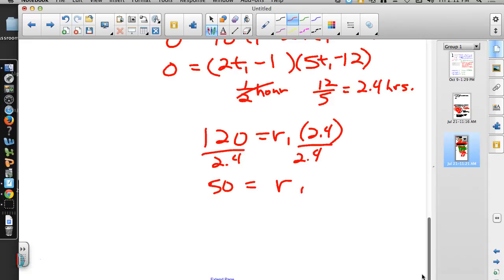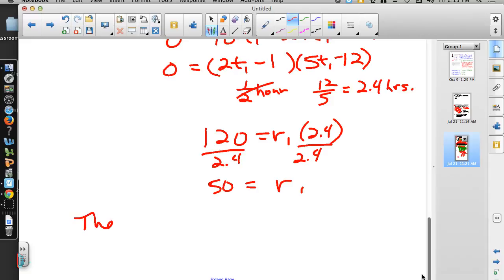So it said, how fast was he driving between the place with the G and the place with the S? Well, that was the first trip that they made. So the rate was 50 miles per hour.